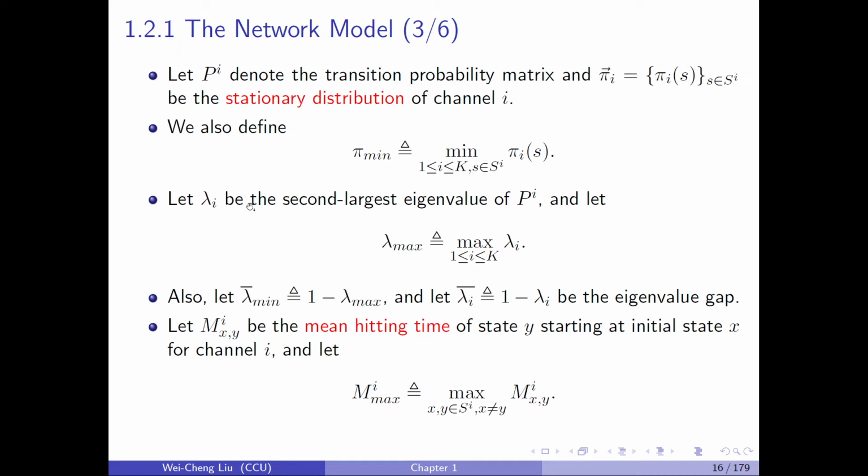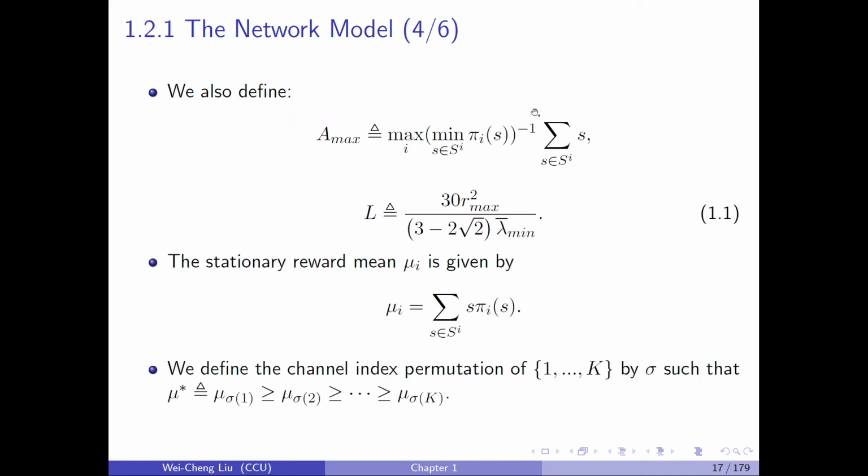And lambda I is the second largest eigenvalue of Pi. Now let Pi be the transition probability matrix of the channel I.